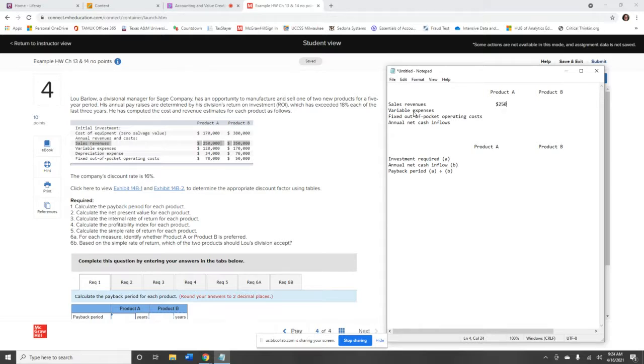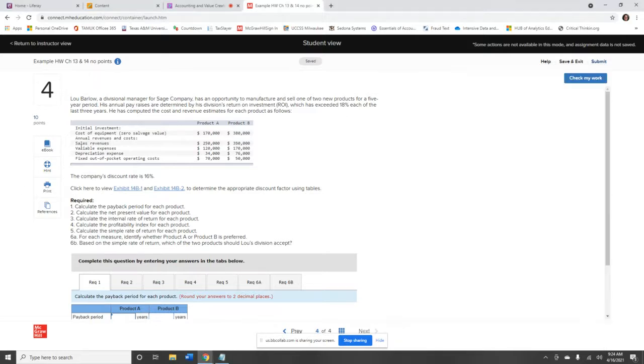Next line down, 250. And for product B, our sales revenue is 350,000. All right, so that's our cash coming in, but of course we have to subtract out our expenses. So the variable expenses are 120 and 170.